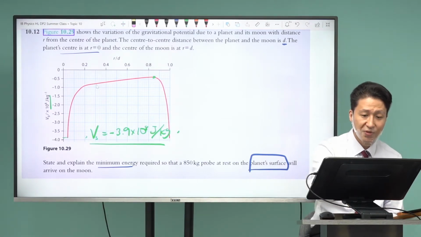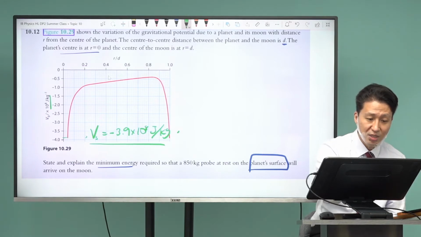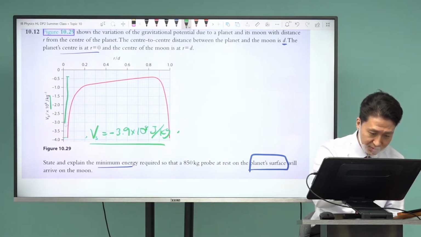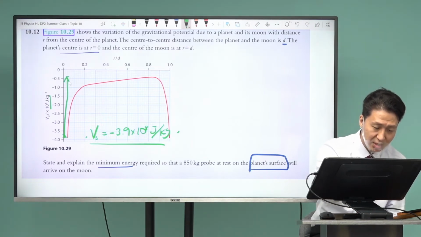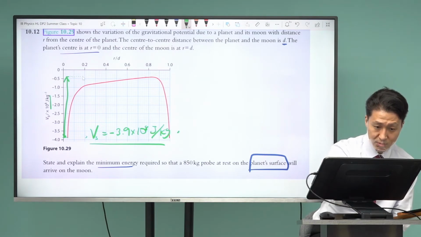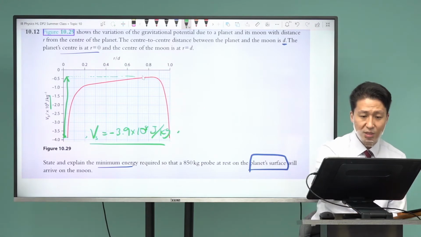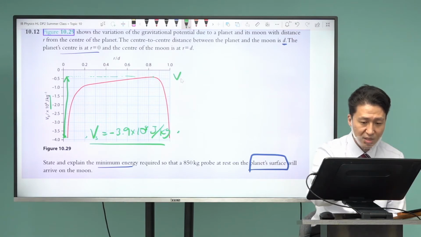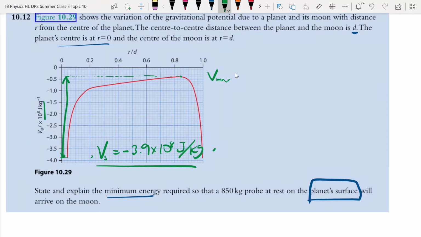So the potential that you need is up to this point here. This potential is going to be V max. It's still negative 0.4 times 10 to the 8th joules per kilogram.